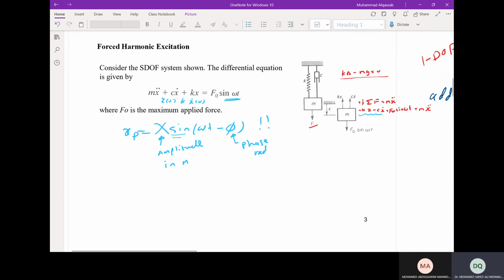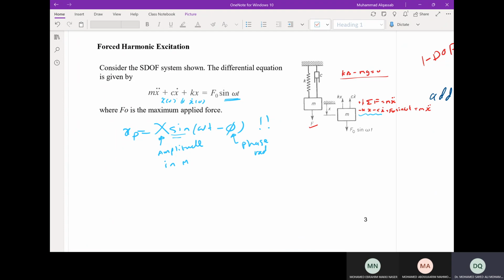Okay, and the first thing we started with was the force harmonic excitation, in which you can see from the free body diagram, there is a force applied F equal to F naught sin omega t, which is harmonic.